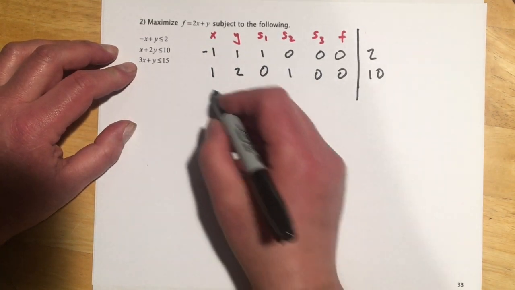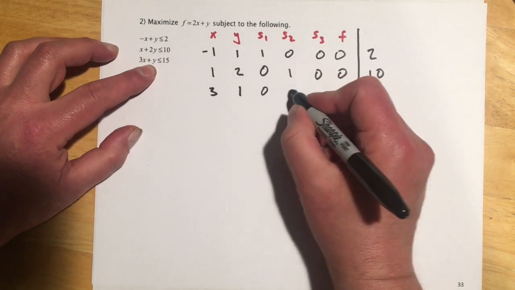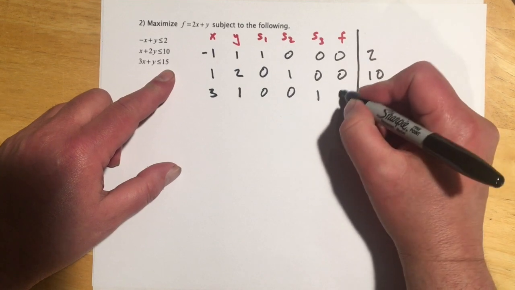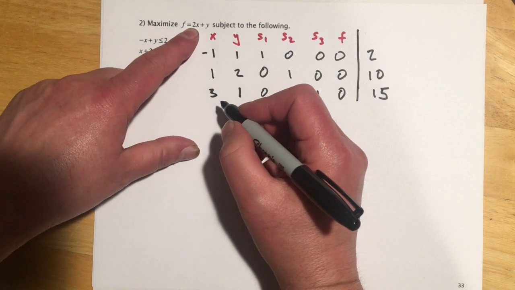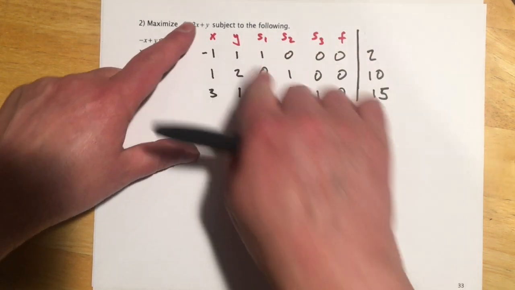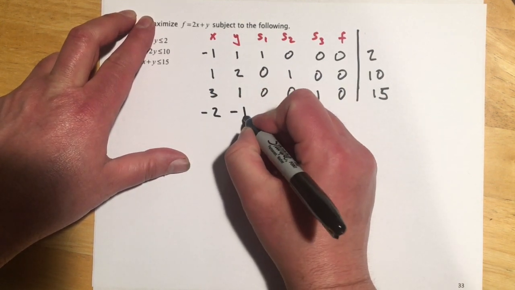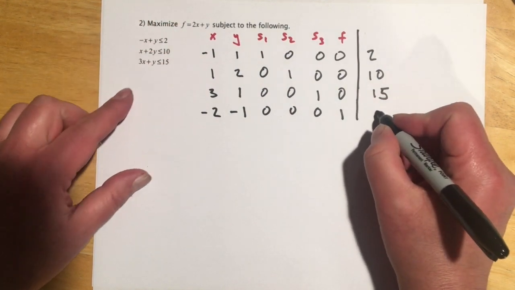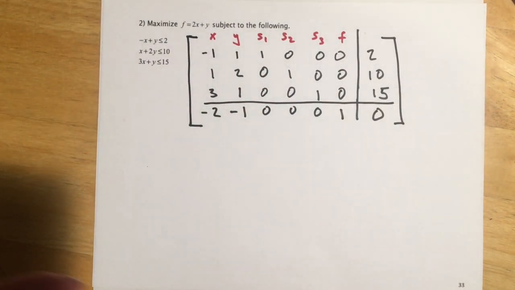Okay, so then our third equation, we have 3, 1, and then 0, 0, and then the third slack variable, 0 and 15. And then we have our objective function, so we're going to bring the 2x and the y over, so that will be a -2 and a -1, and then 0's for the slack variable, this time f is 1, and then that equals 0. So there is our simplex tableau.